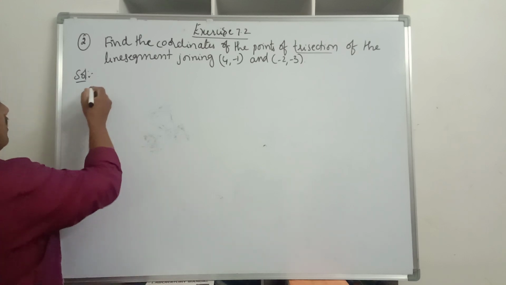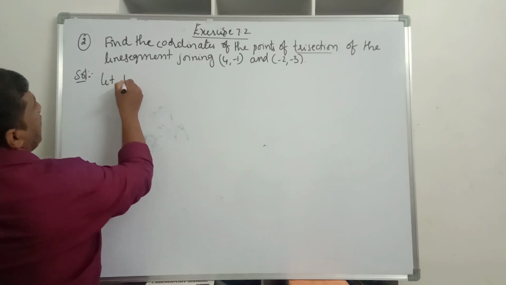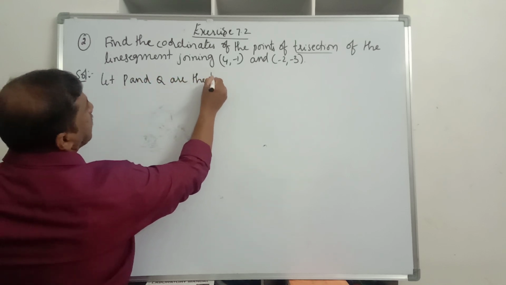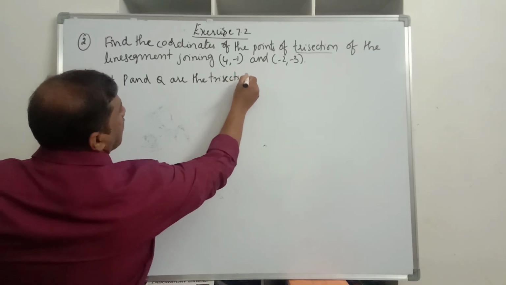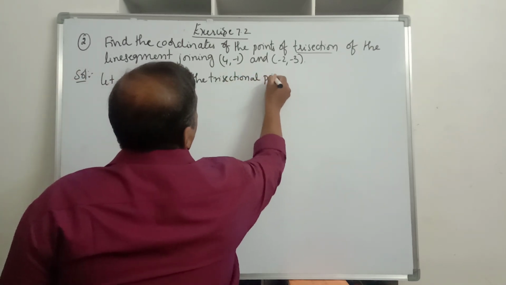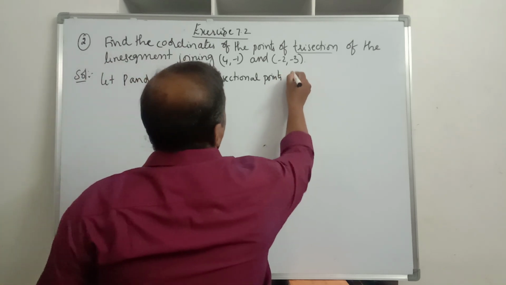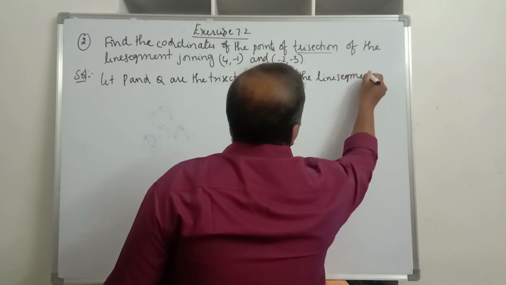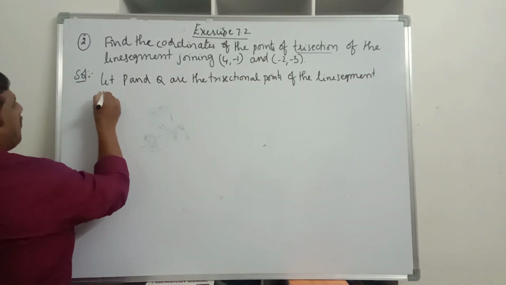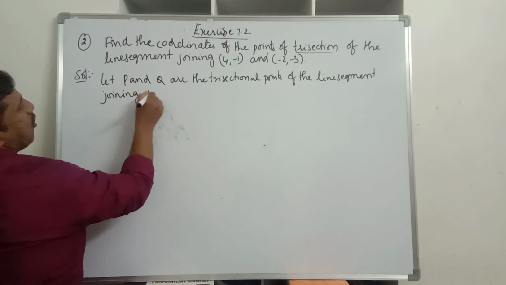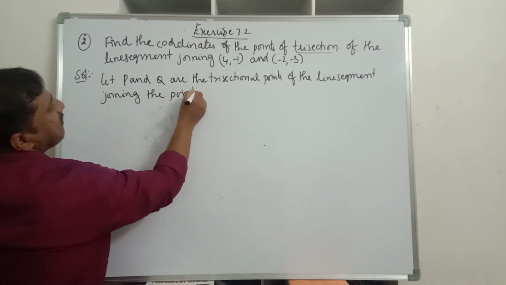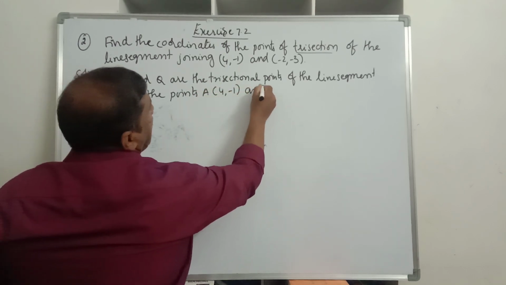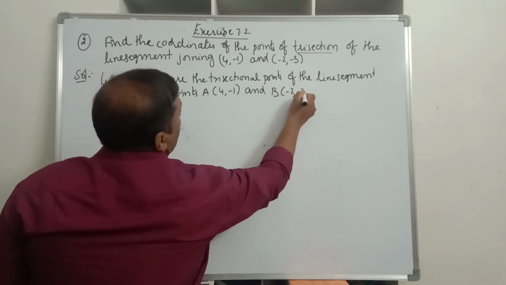So now here let P and Q be the trisectional points of the line segment joining the points. Give a name for those 2 points: A, it is 4 comma minus 1, and B, it is minus 2 comma minus 3.